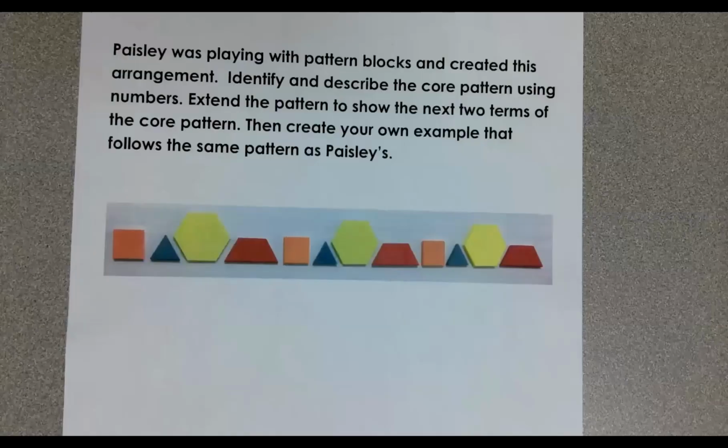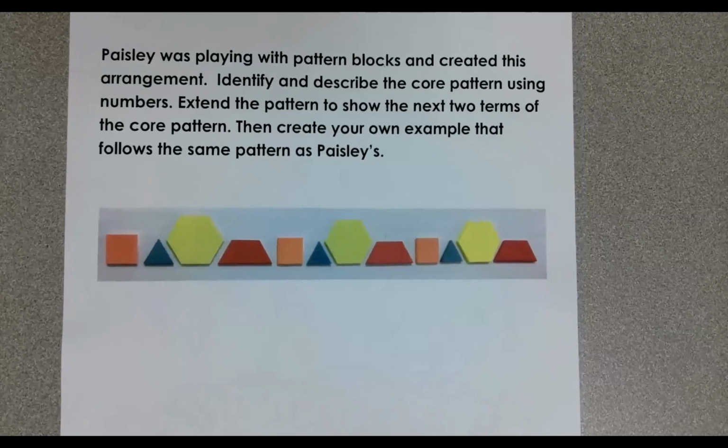Okay, let's peek at a lesson from Unit 6 of the suggested pacing. Paisley was playing with pattern blocks and created this arrangement. Identify and describe the core pattern using numbers. Extend the pattern to show the next 2 terms of the core pattern.